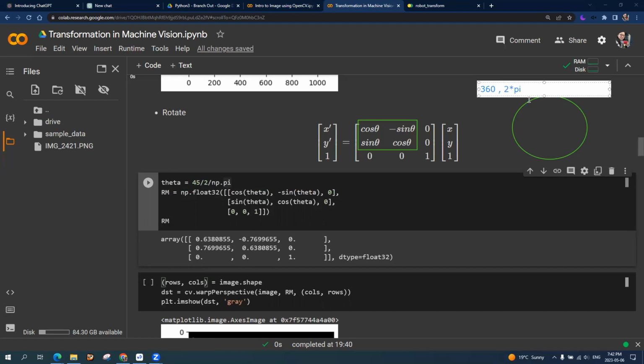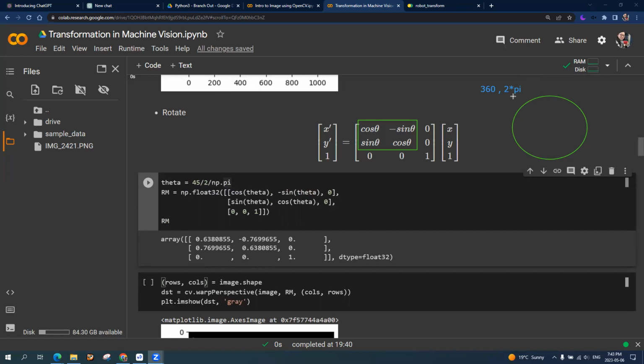So 2 pi is the radian. That's just a different unit for describing an angle. 360 is the degree, but 2 pi is also a full rotation of a circle, only the unit is radian. They describe the same thing, but with different units.